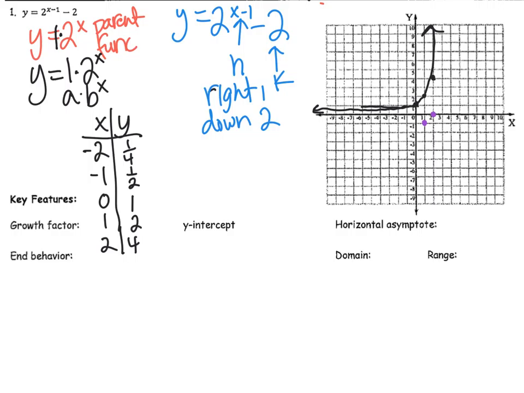Right 1, down 2. This purple is this one right here. All I did is I followed my directions. I said to do right 1, down 2. So I had my black and I went to purple. Right 1, down 2. So black became purple.